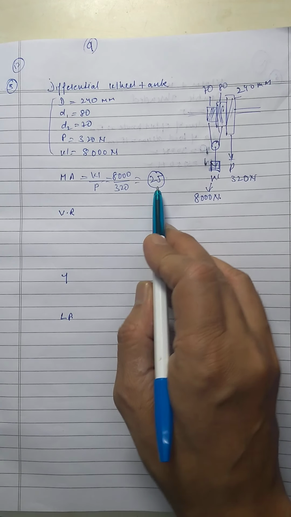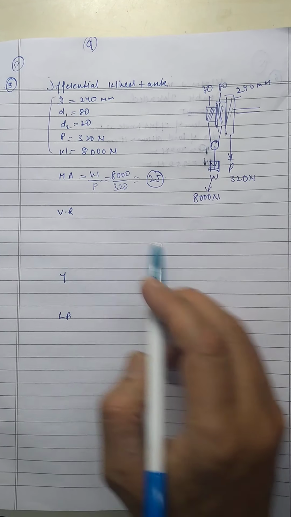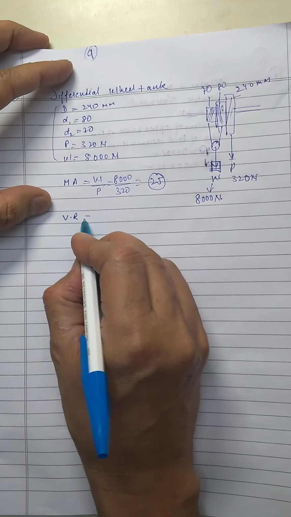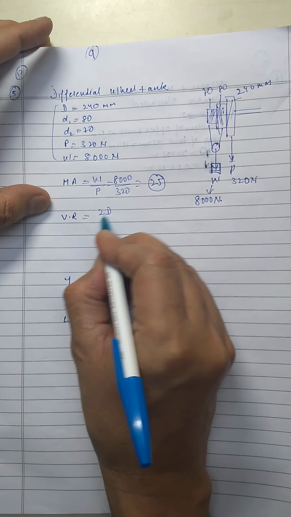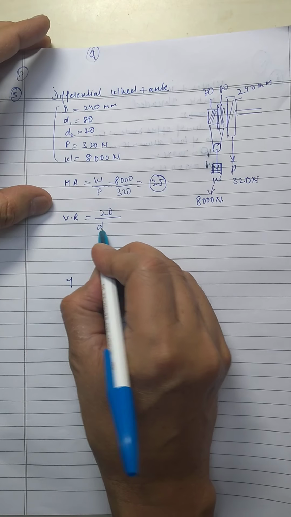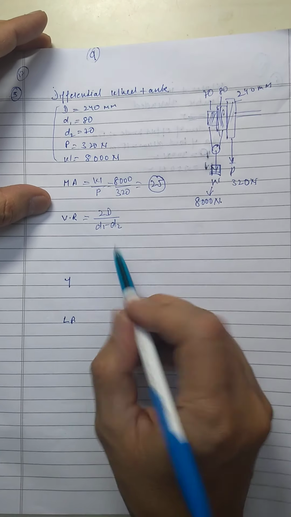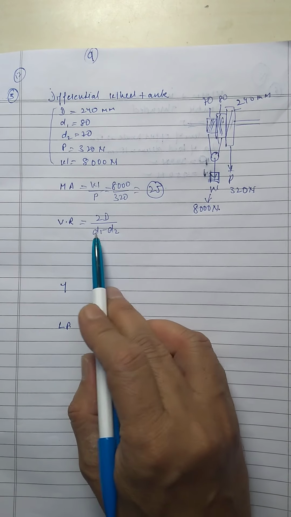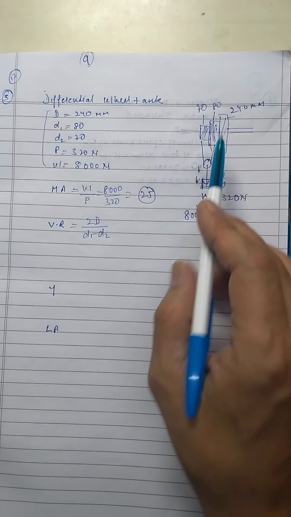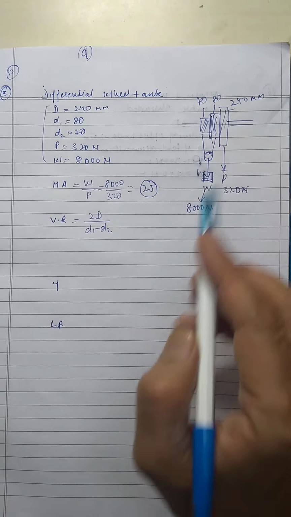So it is 25. Now coming to velocity ratio. As you know, the formula for the velocity ratio is 2D upon D1 minus D2. This D is the diameter of this effort drum, and these two are the diameters of the 2 load drums.